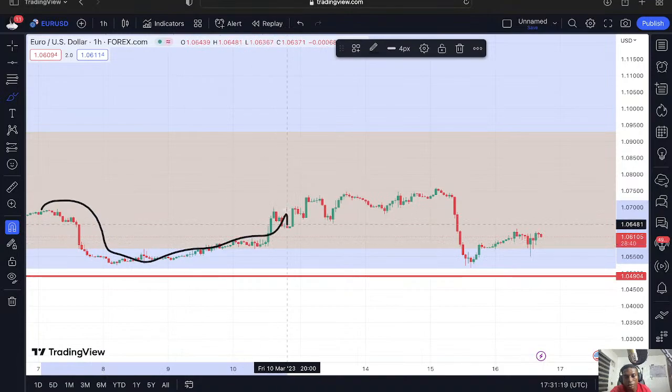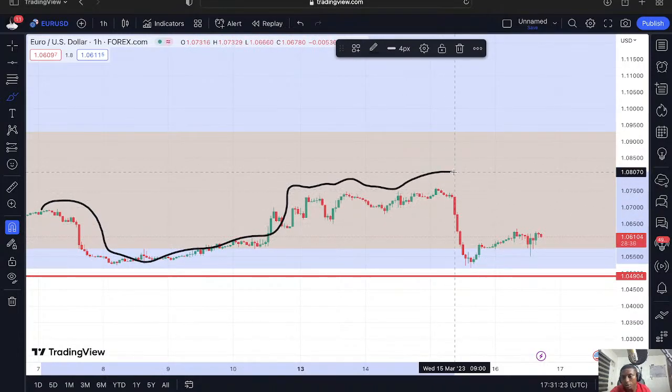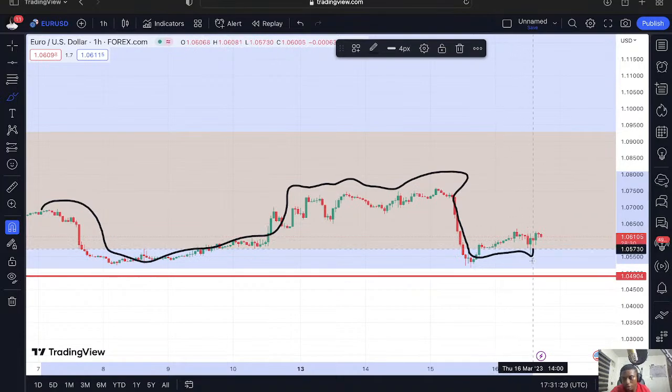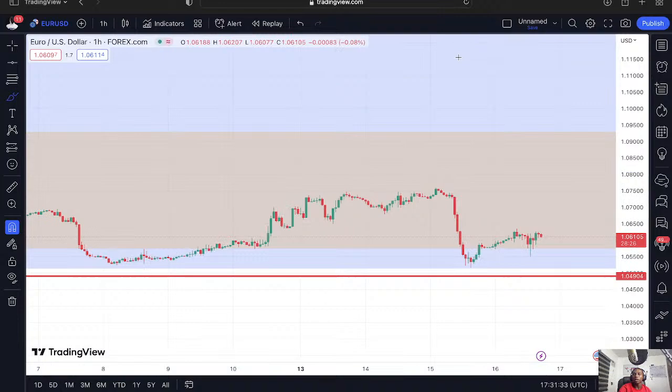Moved here, went up, came down again, went up, then fell massively. Then came here, came down, came up again. That tells you that not only is price consolidating in this place, it is finding indecision. It's finding it difficult to make a single decision of breaking upward or downward.